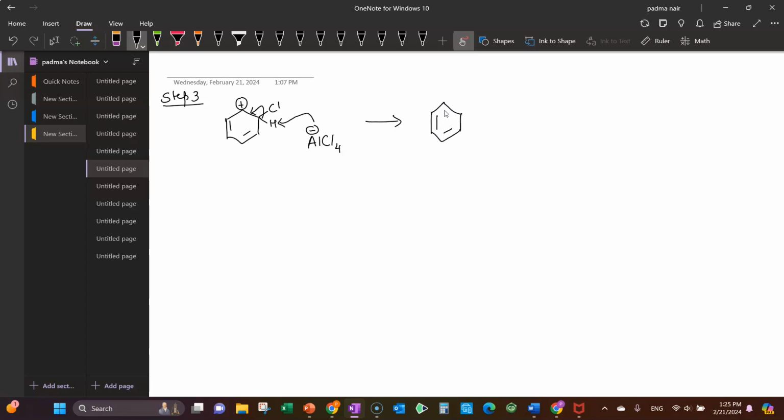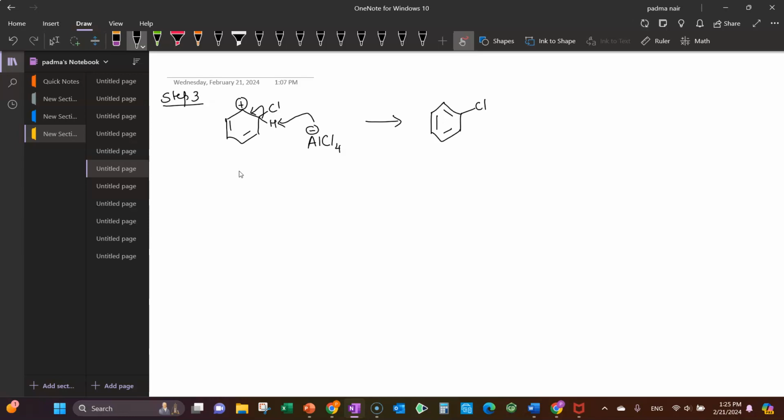So we keep the 3 pi bonds here, and the proton has been removed, and now we get the substituted benzene. So that's how you have to follow the mechanism for halogenation. And you will see that the other reactions also follow the mechanism in a very similar manner. The only difference would be the formation of the electrophile in each case.